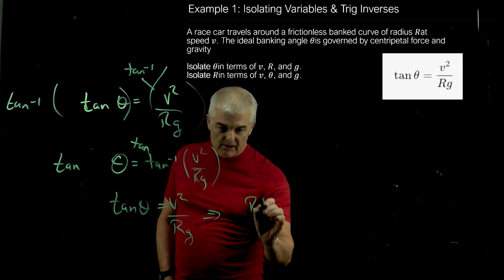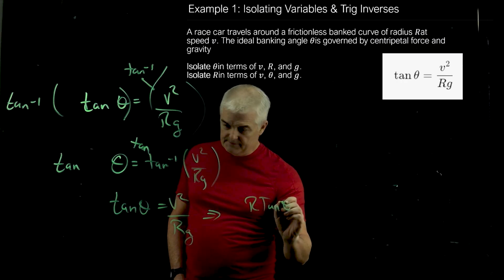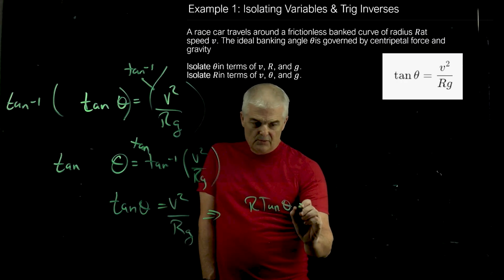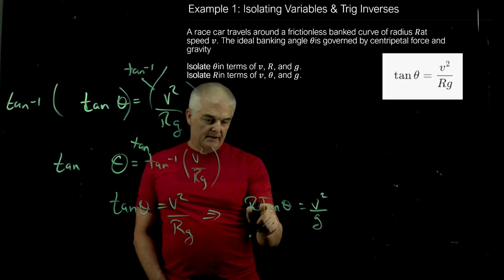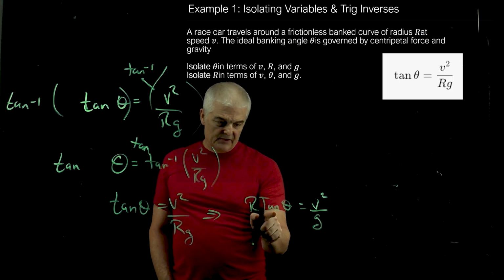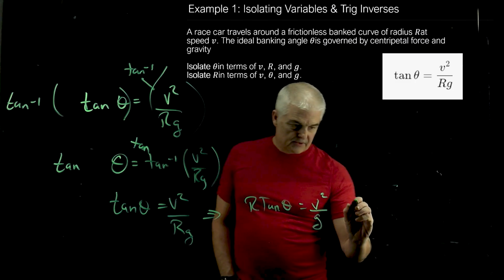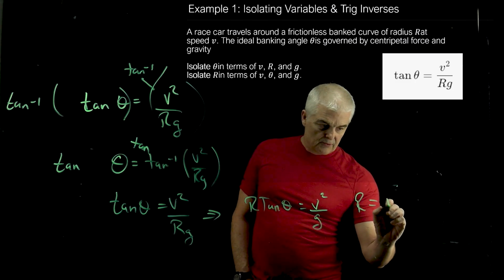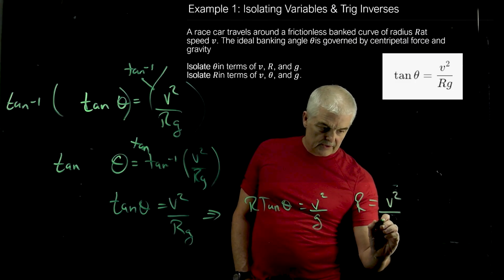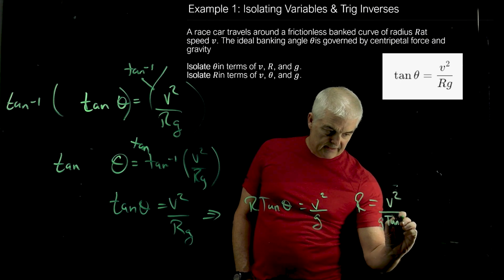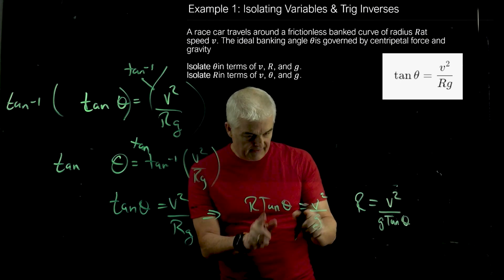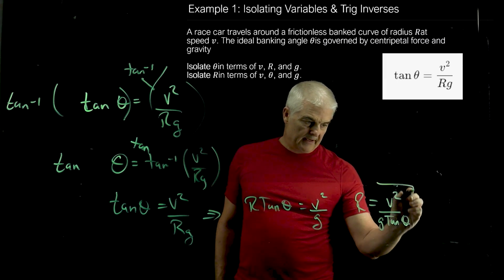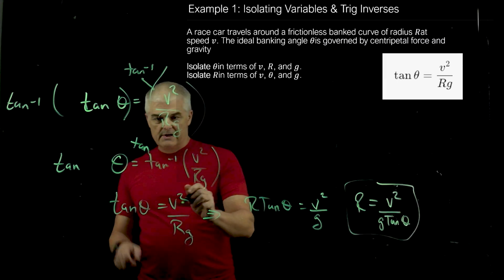So I can say r tan theta equals v squared over g. And I want to get r by itself, so I can move the tan down here. So the answer is r equals v squared over g tan theta, by dividing both sides by tan. And that would be the two answers here.